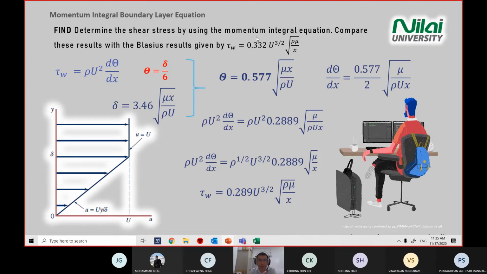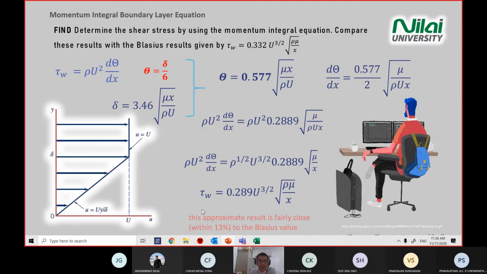The only difference is in Blasius's equation the constant is 0.332, however from the momentum you get a constant value of 0.289. If you are asked to compare, your statement should always give the difference in percentage, so you make the calculation and then answer the question.